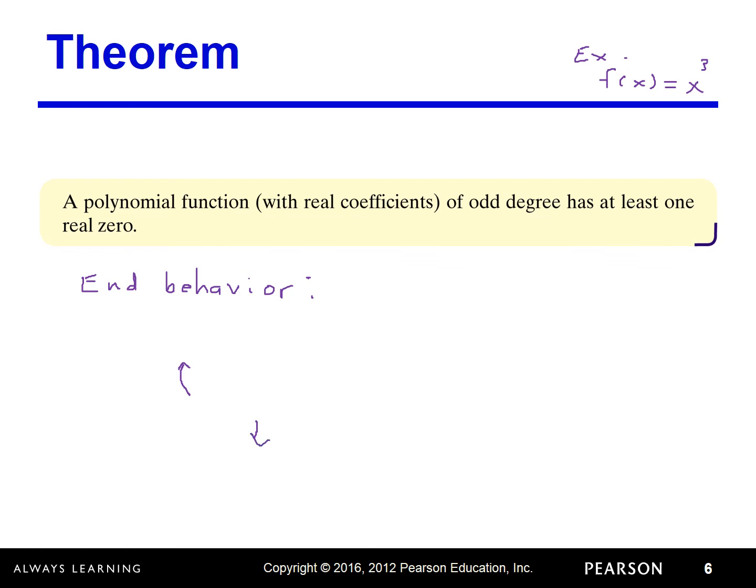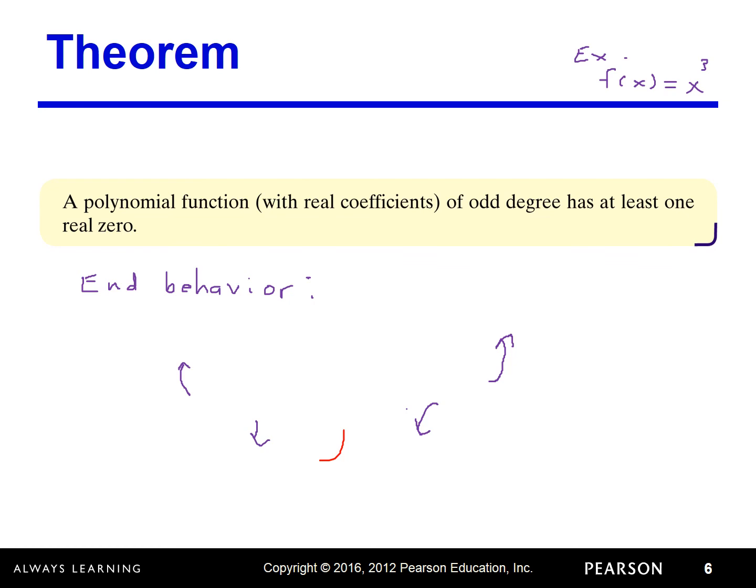In the case of our example, the cubing function, the parent function, f of x equals x cubed, has this end behavior. It comes in from below and leaves above. But all of them have one of these two kinds of end behavior.